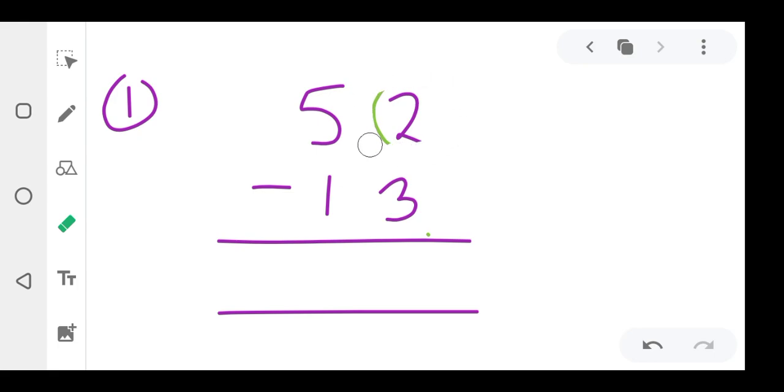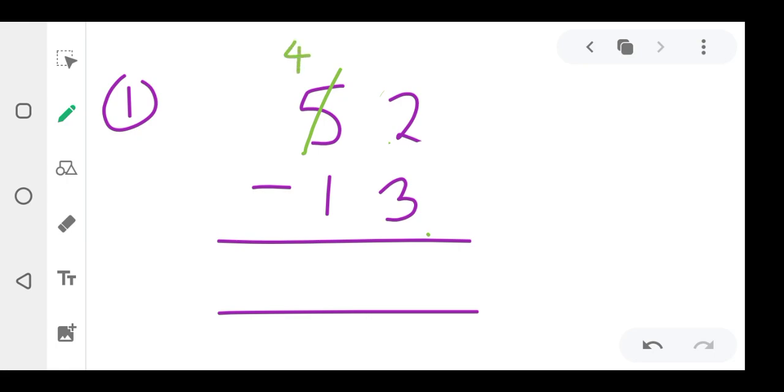Okay? I just want to show you that the number on top is smaller. You see, 2 is smaller, 3 is larger. So when there's a smaller number on top, you always borrow 1 from the number before. So you remove 1 from 5, and 5 will become 4.